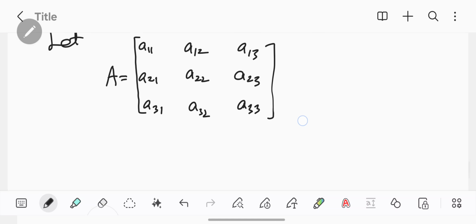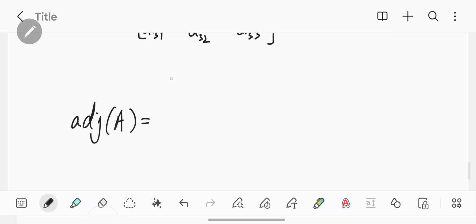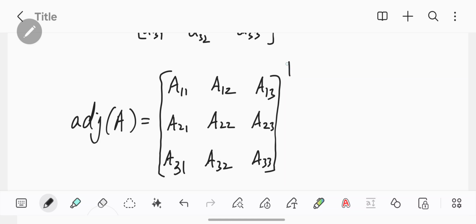So we consider A equal to this matrix, and then we can find the adjoint of A. In the previous video, we asserted that the adjoint of A is obtained by writing the cofactors A11, A12, A13, and so on, A21, A22, A23 and A31, A32 and A33, and taking its transpose.